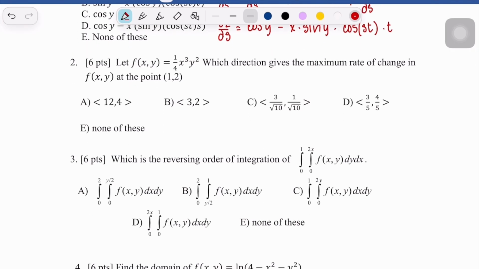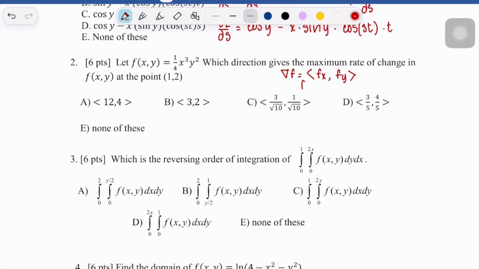For the next question, we need to find the maximum rate of change in this function at this given point. And to find the maximum rate of change, first of all, we find the gradient. And the gradient of f is just the partial derivative with respect to x and y, right?